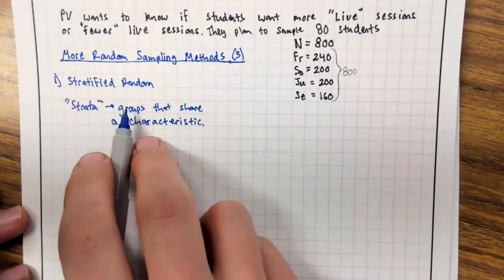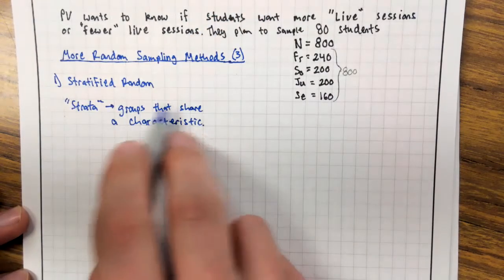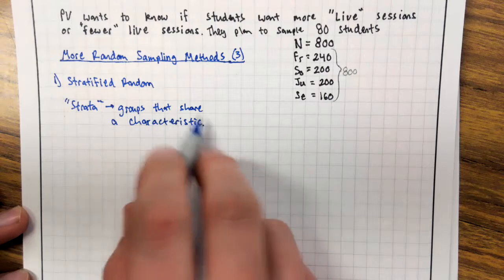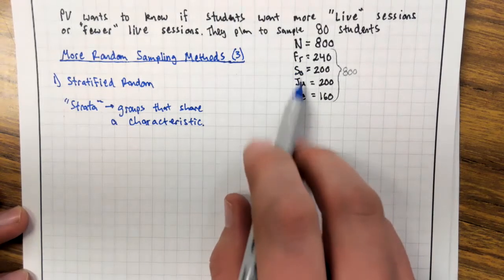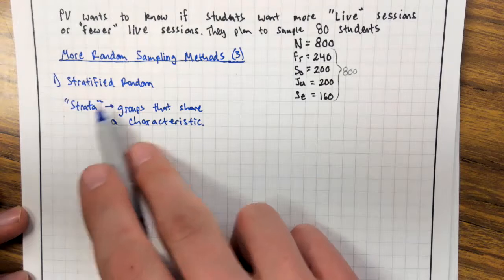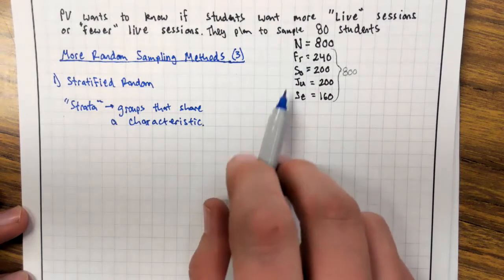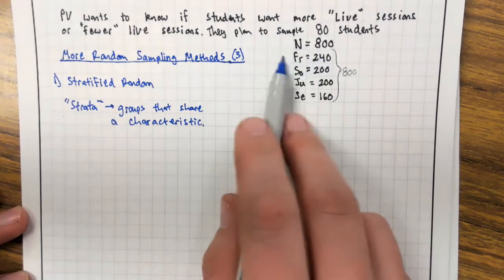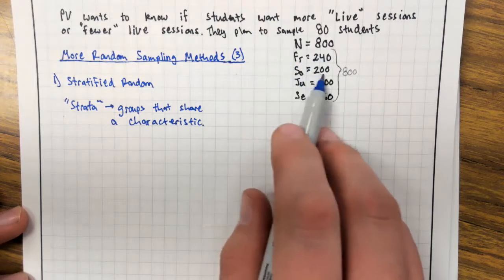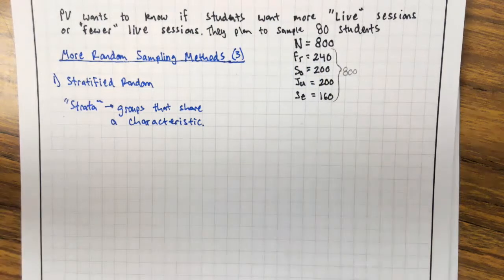So the strata in this situation, the characteristic that we're grouping the individuals by is grade level or grade classification, I guess. So the strata here is the grade classification. Freshmen, that's the characteristic that these students have in common. Sophomores, this is the characteristic that they have in common, and so on.